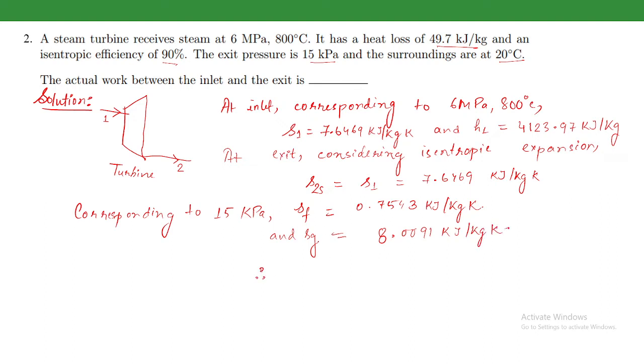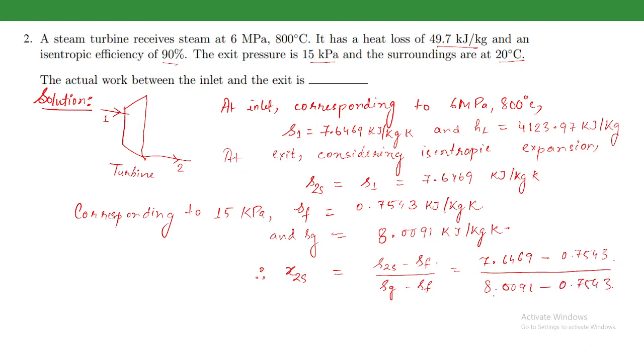You can see that S2s lies between Sf and Sg, so it is a mixture of liquid water and vapor. So what is the quality here? X2s is S2s minus Sf by Sg minus Sf, which is 7.6469 minus 0.7543 over 8.0091 minus 0.7543. This value comes out to be 0.951.